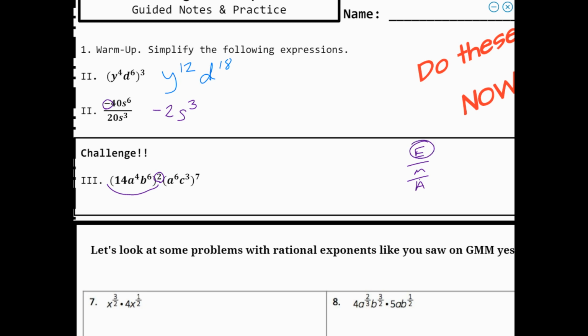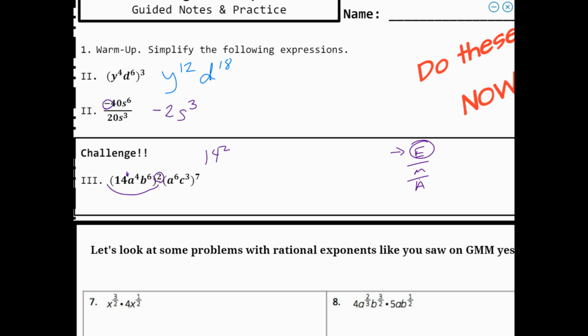What happens to the coefficients? They do whatever operation we're doing. We're doing exponents. So then you multiply. So 14 to the power of 2. It still gets to the power of 2. If you are forgetting that, then remember there's that invisible 1 always there.